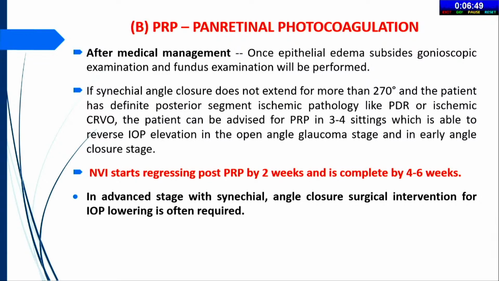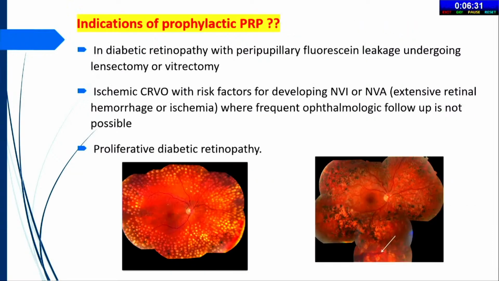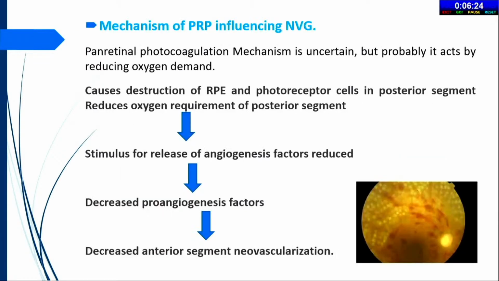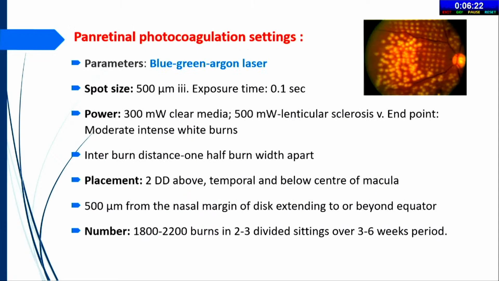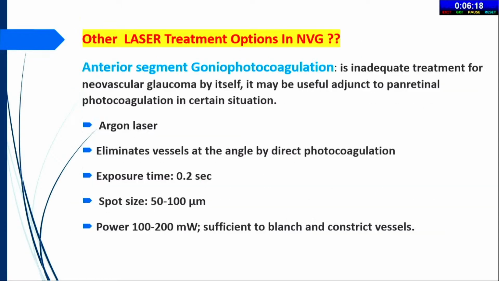Once you do a PRP, you will prevent the recurrence of the disease, and you will avoid these ischemic changes in the retina, and thereby you will avoid the release of VEGF from the retina, and that's why the new vessels regress. But it takes 3 to 4 weeks for the new vessels to regress once you do a PRP. There are various methods. The detail you have to remember in the laser section.